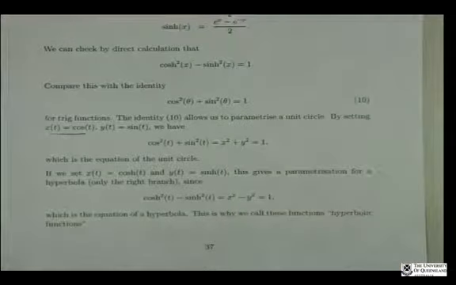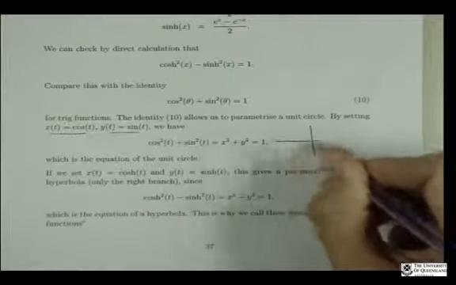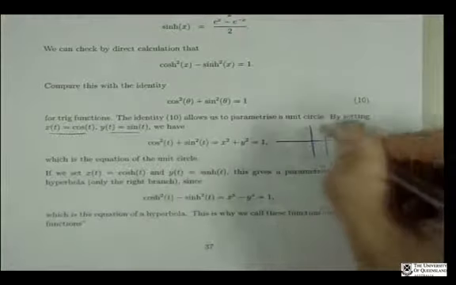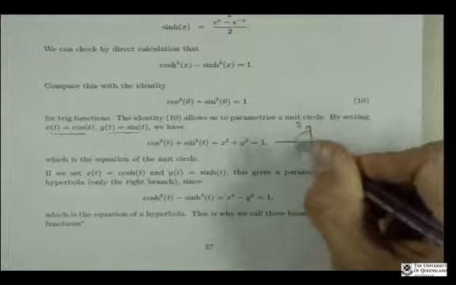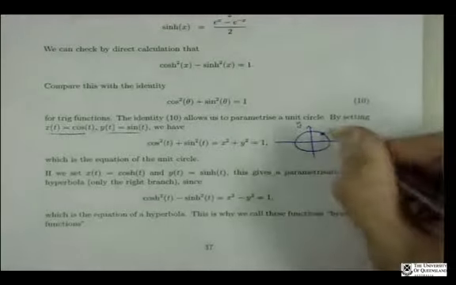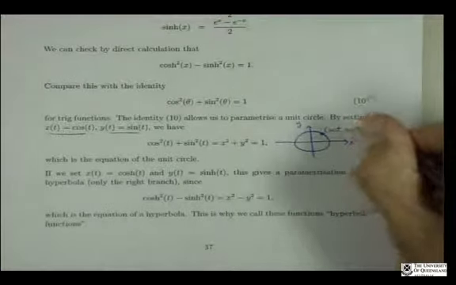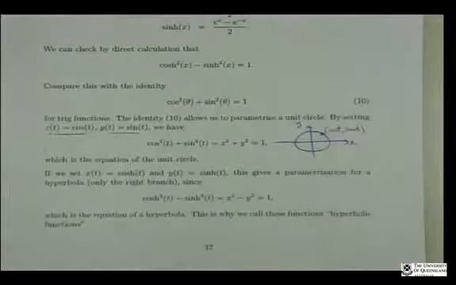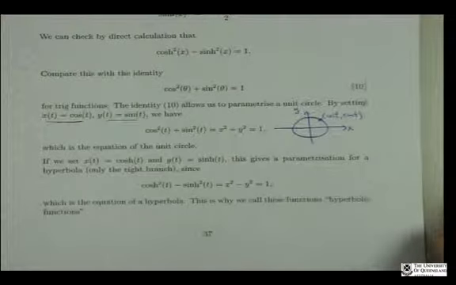If we set x equal to cos t and y equal to sine t, this is describing, in the xy plane, any point on the unit circle, with coordinates cos t and sine t, where t is allowed to roam over a domain between 0 and 2 pi. So the trig functions are very useful for parametrizing circles.